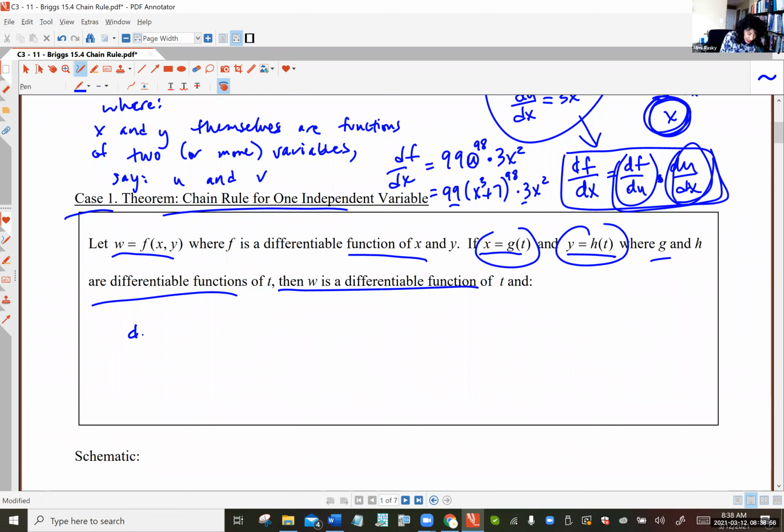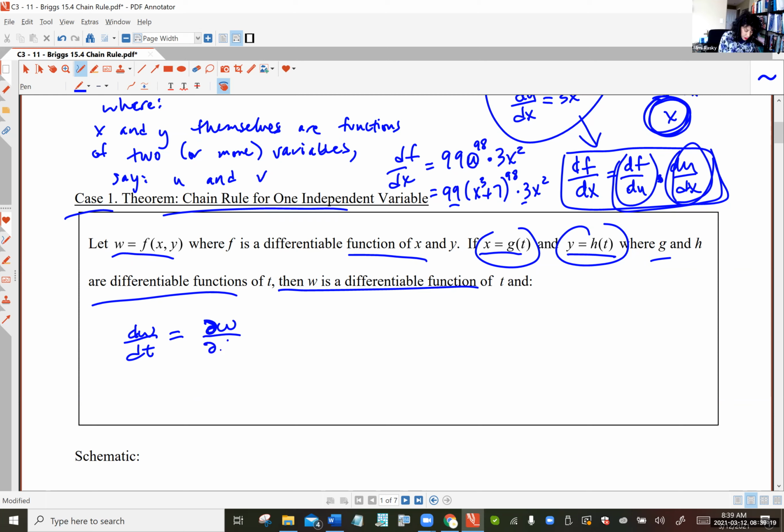So what is dW/dt, the derivative of W with respect to T? This is the chain rule. You're going to take the partial of W. Remember the notation for partial derivatives: the letter D has a curvy stem, not a straight stem. That's how you denote a partial.